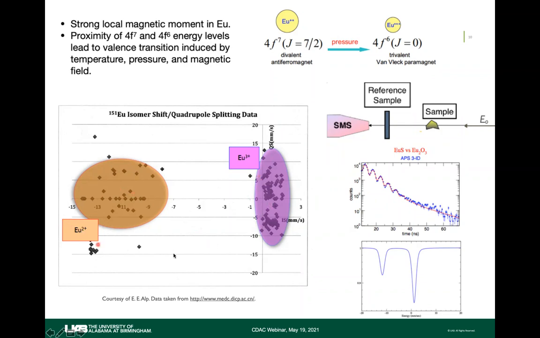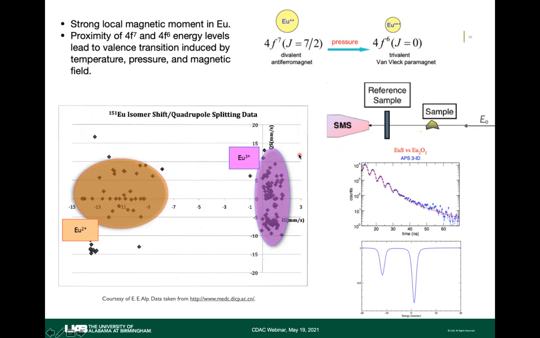This plot here is from Erjan Alp, based on published data in the Mossbauer data center database. So in the case of pressure, we can measure the isomer shift, and just based on this large separation, we can estimate the valence. So how do we do that?